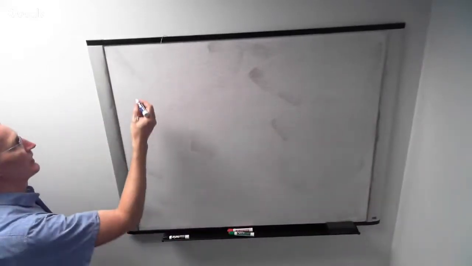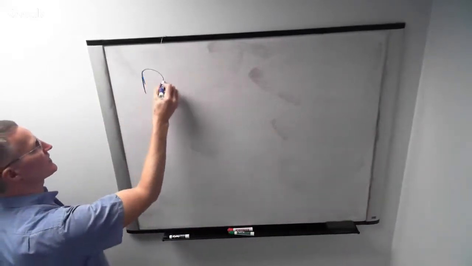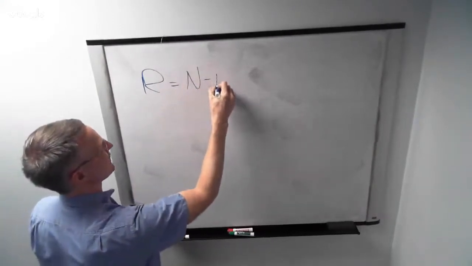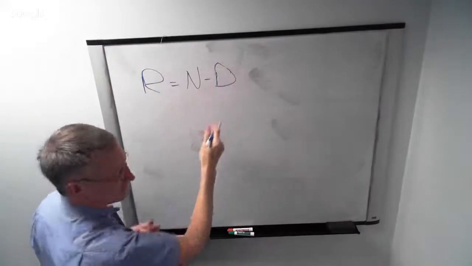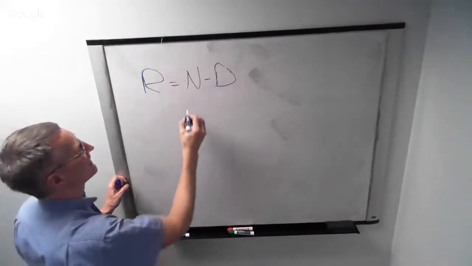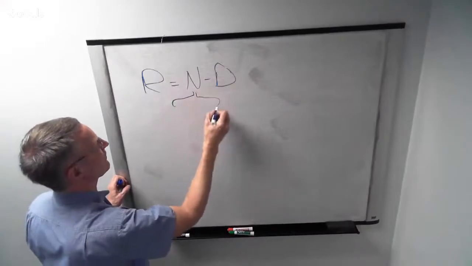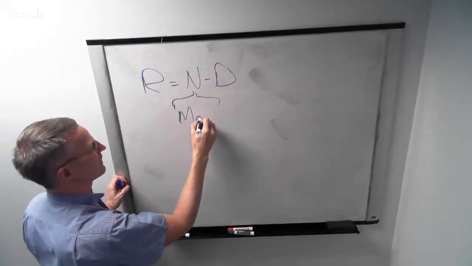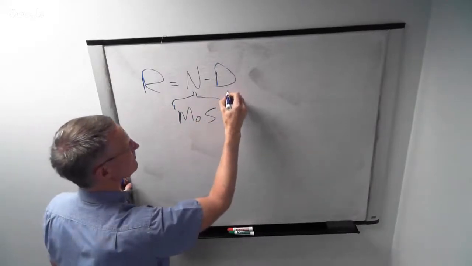Okay, from a prioritization perspective, that slide was showing requirements equals need minus desire. In other words, subtract the desired parts out. From a prioritization perspective, the need would break down into, there's an acronym I'm going to give you, called MoSCoW.